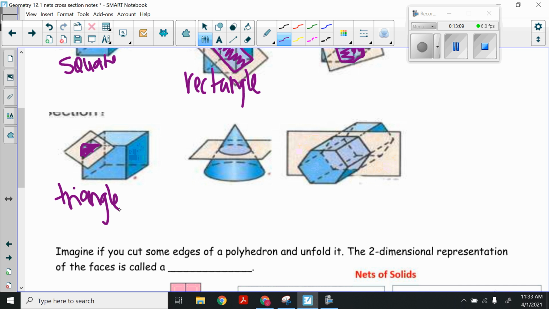I take a cone parallel to the base, I get my circle. If I take a hexagonal prism, we see, again, we're going parallel. Again, we see that we've got that hexagon in there, so we would get a hexagon.